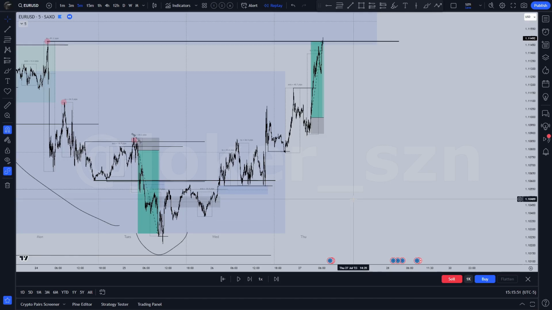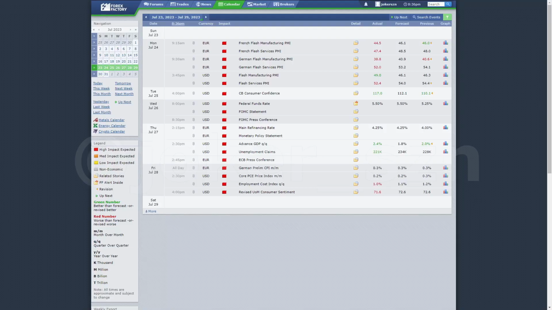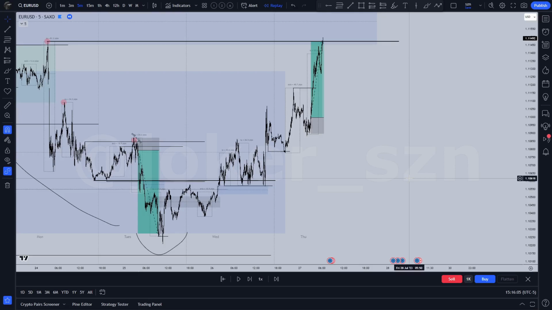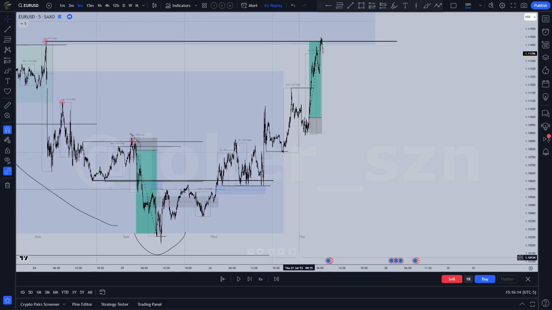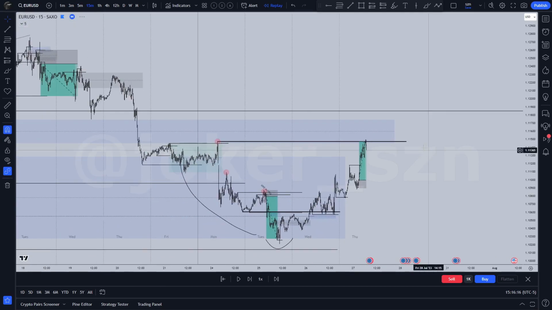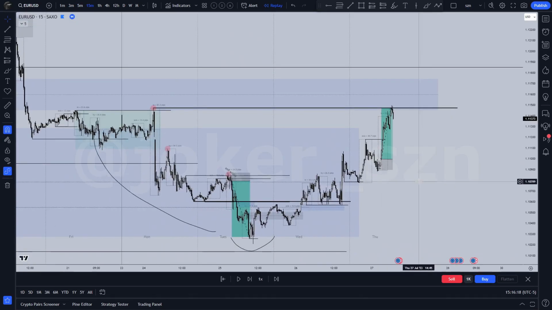Also, if we take a look at the economic calendar, we have news coming up in the New York session, the 3 high impact news we have, so we can expect some volatility to happen in the New York session of today. And we also have London lows here and the Asian lows. So we will now watch and see what price is going to do.